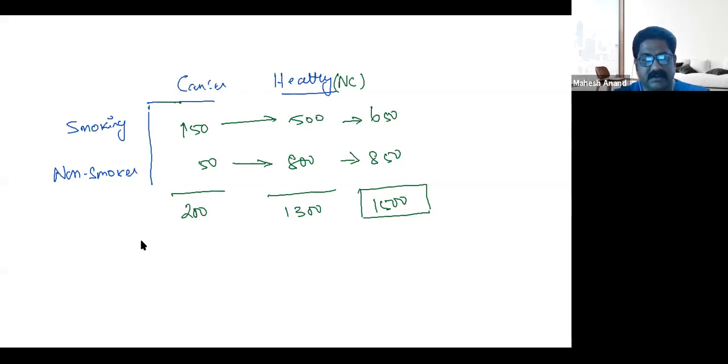So having this empirical data, suppose I wanted to write a conditional probability statement. What is the probability of a person likely to have cancer if he is a smoker?